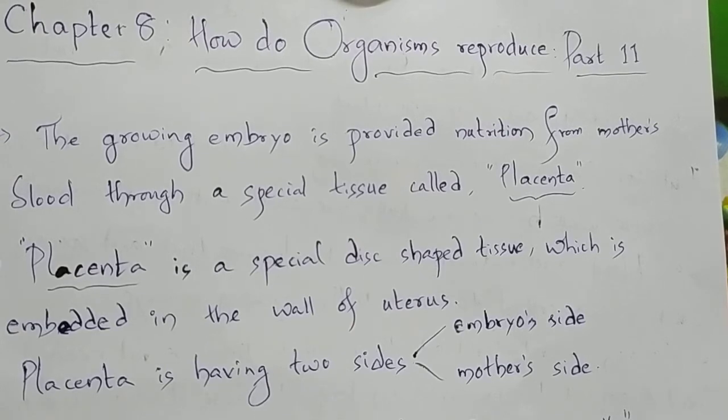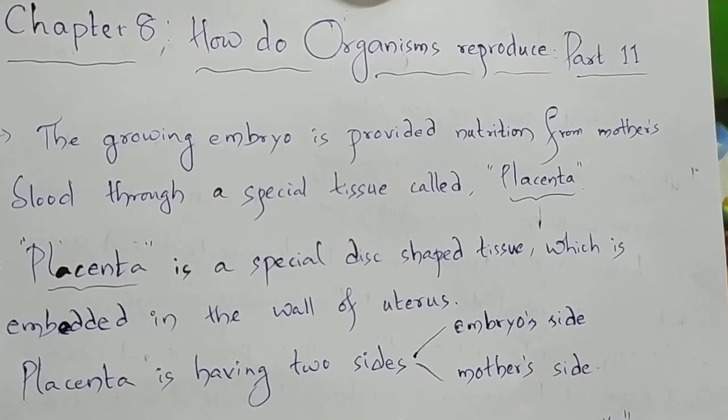The growing embryo is provided nutrition from mother's blood through a special disc-shaped tissue. This disc-shaped tissue that provides nutrition from mother's blood to the growing embryo is known as placenta. Placenta is a special disc-shaped tissue which is embedded in the wall of the uterus.